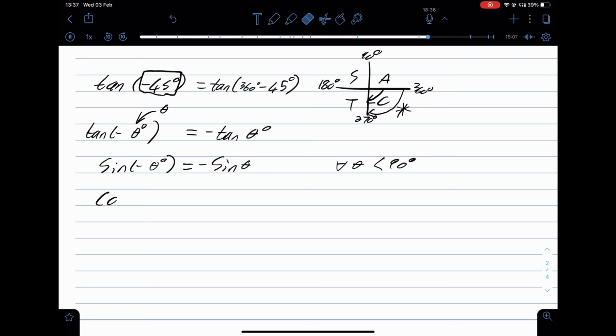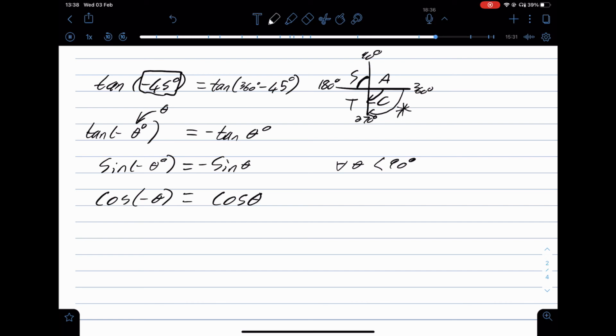But when it comes to cos, this is cos's home quadrant. This is where it stays. So it has to be positive there, just like sine is positive here. So cos of negative theta is going to be simply cos theta. You can check me if you'd like.